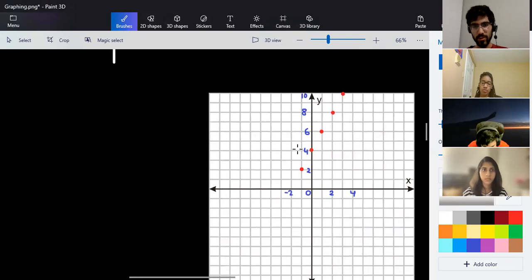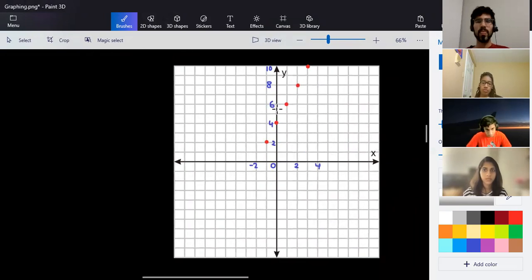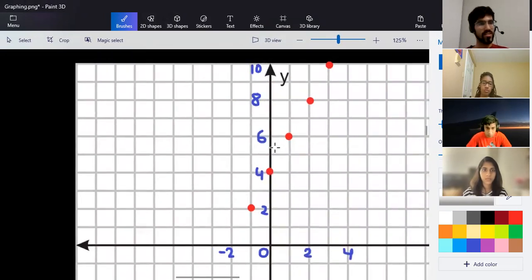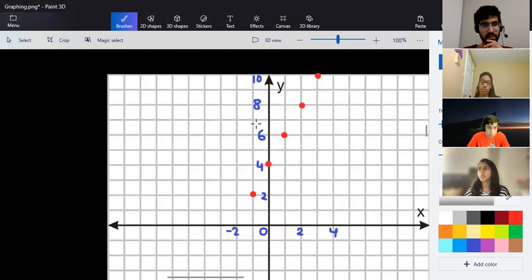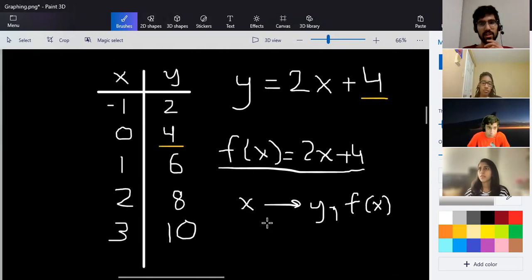And I did that for all the points. Now, one thing that I want to point out here that most people don't point out, they're just like, okay, it's math class, here's what we're doing. We're going to take the equations, turn them into graphs. What they don't explain is this is just one way of visualizing the information we have. This equation is the abstract math representation of the information.